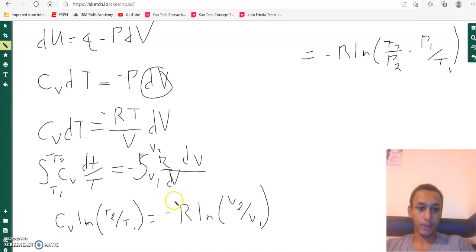Then we want to exponentiate both sides. Actually, you don't exponentiate both sides yet. It'll be easier if I write this out again.